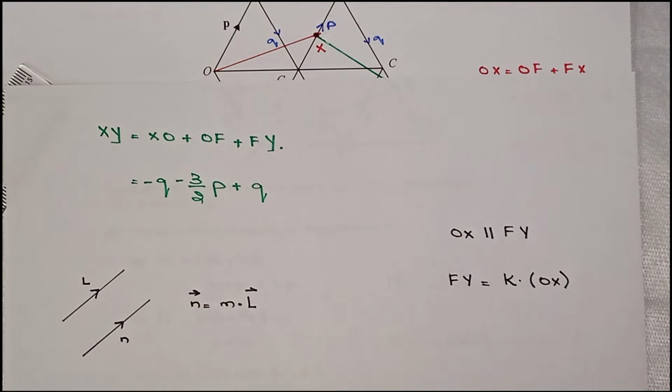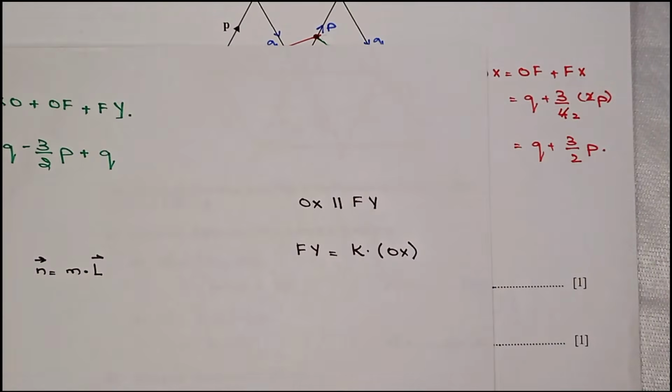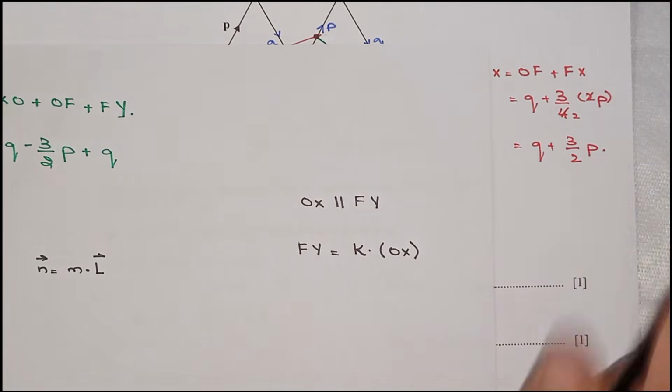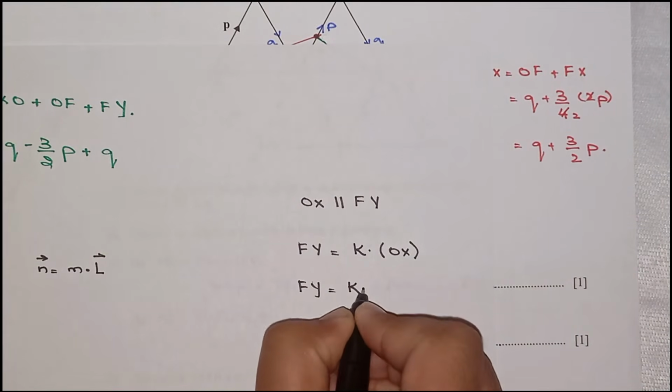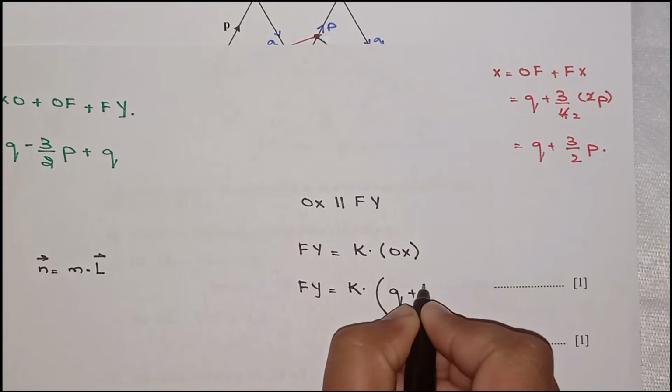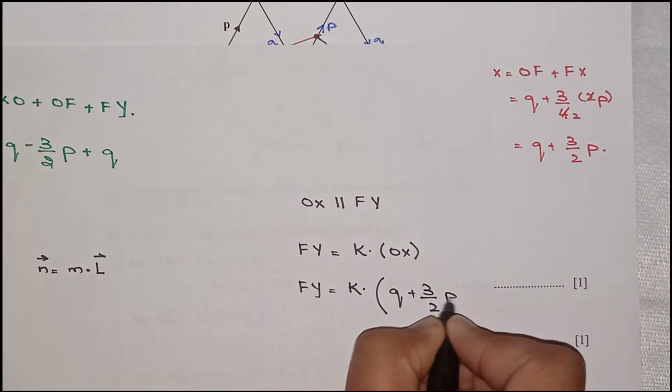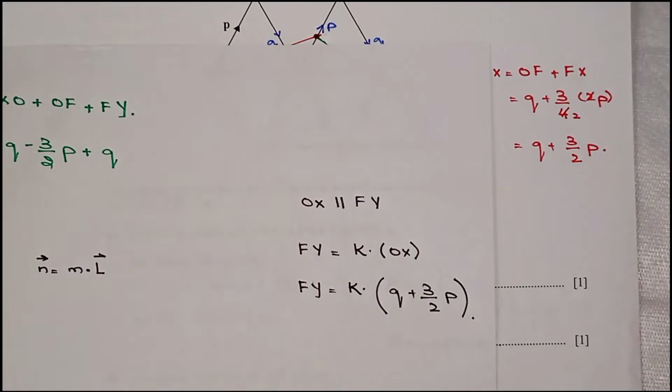And we know the value for OX is Q plus 3 by 2 P. So FY must be equal to some constant times Q plus 3 by 2 P, right?